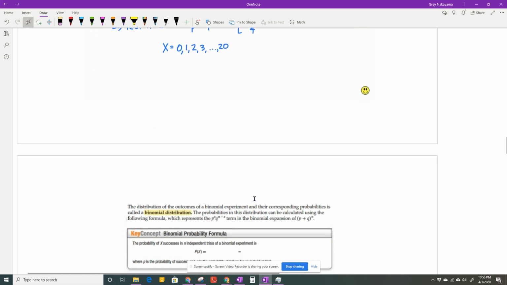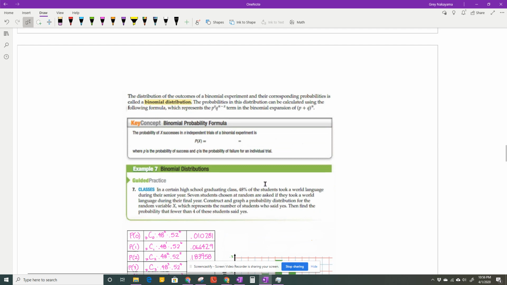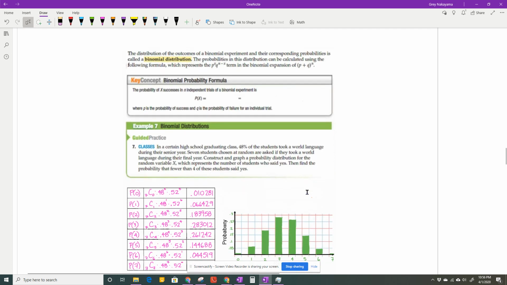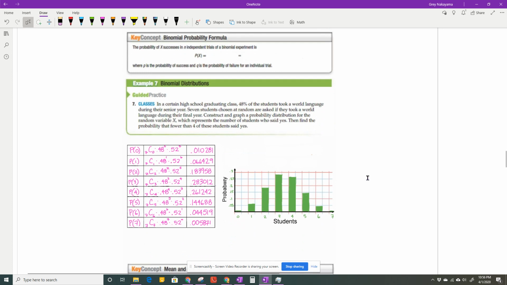Okay, almost done here. Binomial probability formula. Again, we did this when we did our binomial expansions in the last chapter. Same thing: N is the number of independent trials, P is the probability of success, and Q is the probability of failure.